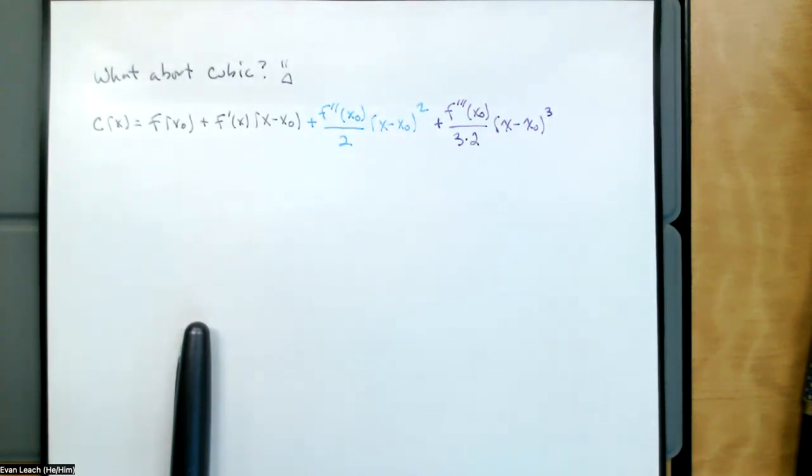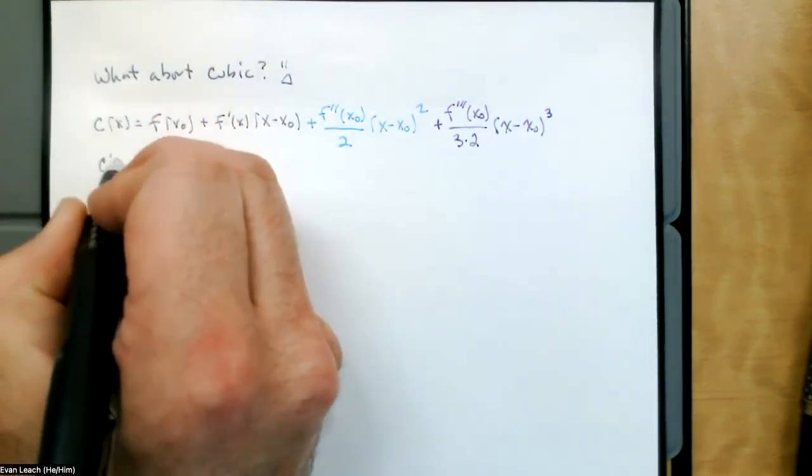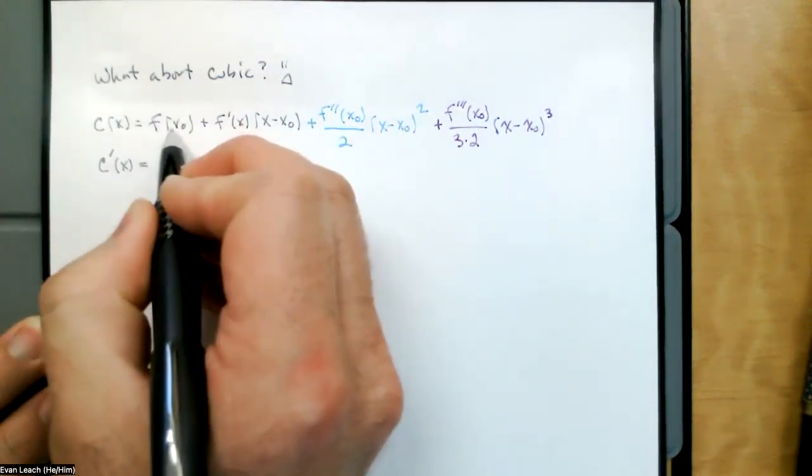Now this polynomial is third degree, so we can take 3 derivatives before we end up with 0. So C prime of x: the constant is 0.